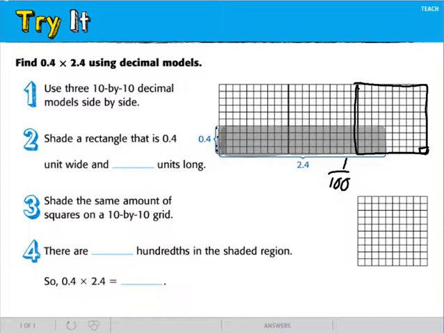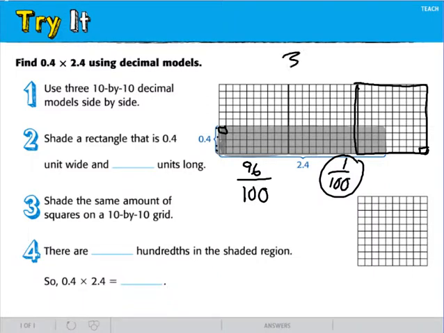Okay? So we're going to have 96 total units. 96. And each one of these is worth how much did we say? 100th, right? So that's 96 over what? 100.